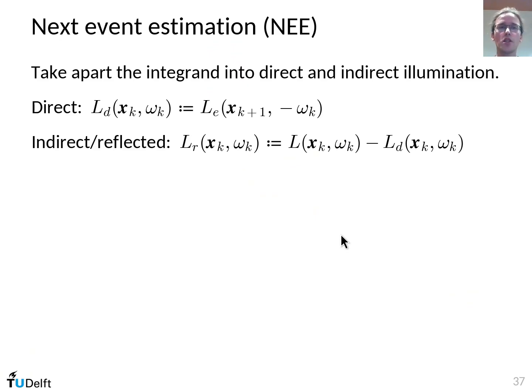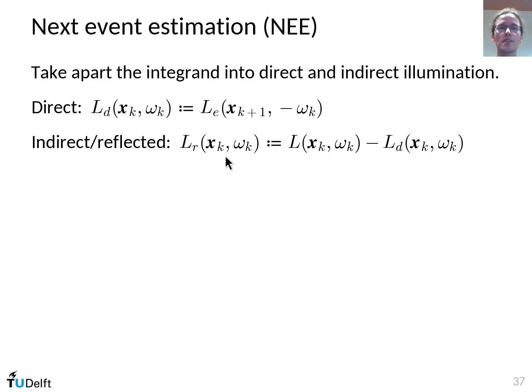To make this work, we take apart the integrand in the rendering equation into two separate terms, one for direct illumination and one for indirect illumination. Direct illumination, or direct radiance, means that the next vertex along our path gives us emitted radiance, meaning that the next vertex is on a light source.